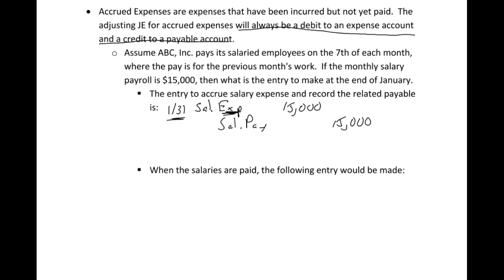Therefore, we want to make sure we record it in January so it gets recorded in the correct month. So that expense is now recorded in the correct month. Once again, we see the expense comes before the cash, and then when they pay, they say they pay on the 7th of every month. So on February 7th, we'll pay them, which means we just take the payable off the books, and we credit cash for the $15,000, and then we repeat that process every single month.